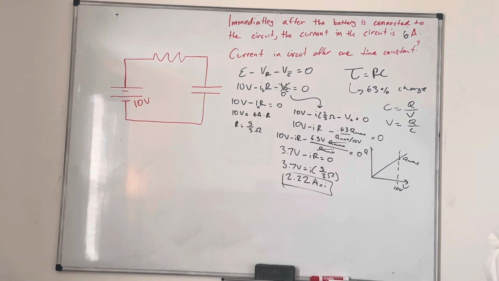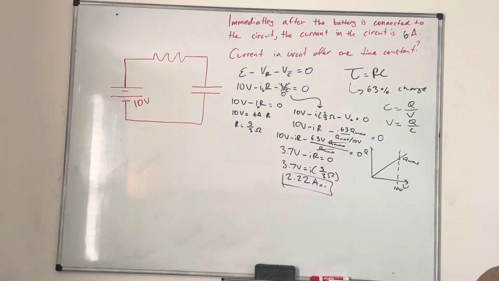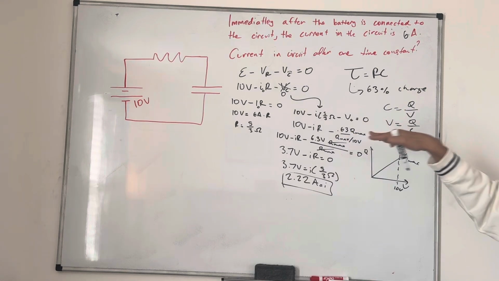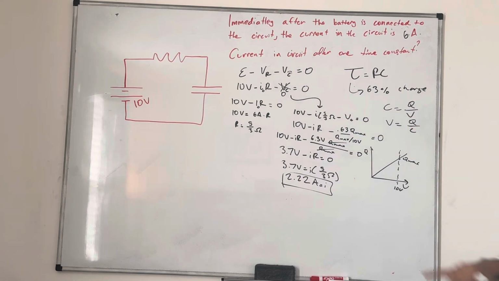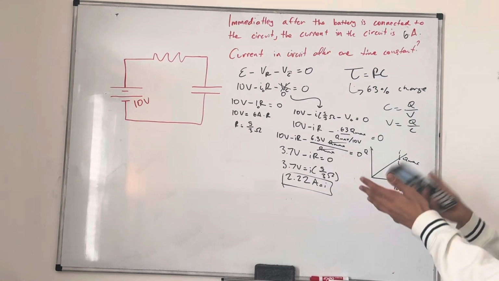What is a shortcut now? This is not something you'll see instantly, to be like, okay, wait, I don't know the capacitance, I can put 0.63 Q max over C, and then plug in Q max over 10 for C. You kind of have to think about this.